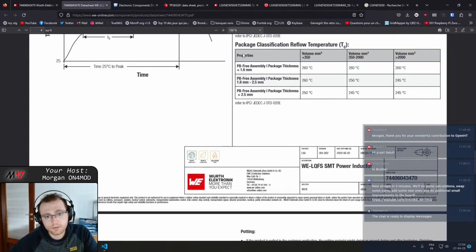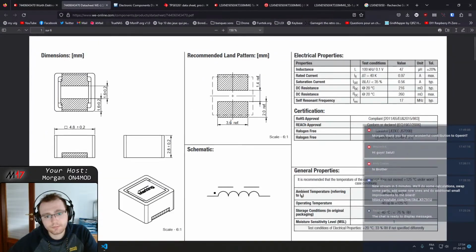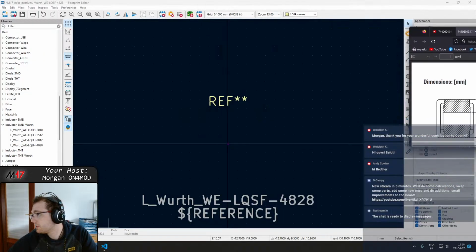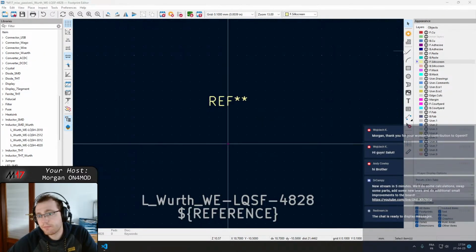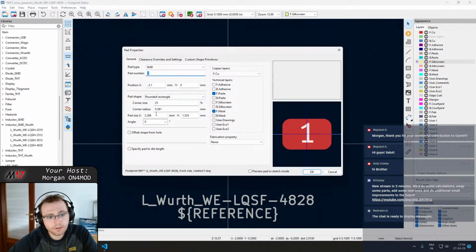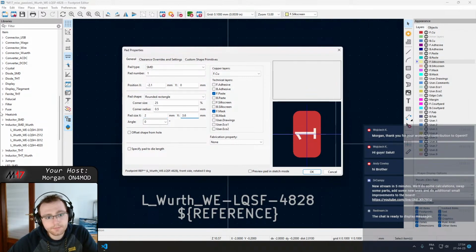Okay, so each pad is 3.6 by 2. I put that on the other screen. So size X, it's 3.6. So it's 2 then and 3.6.